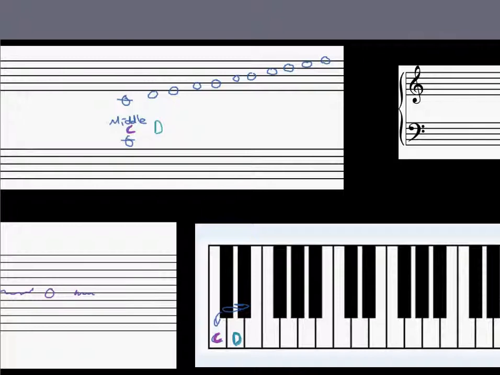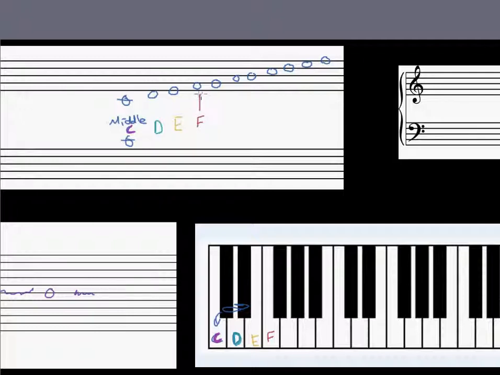Next note. Let's change colors maybe to this one. I think I'm going to run out of colors soon. Maybe that's not the best color, but that's all right. C, D, E. Okay, I think I'll just keep the same color for now. I'm sure you get the idea. F. Okay, they're lining up here.